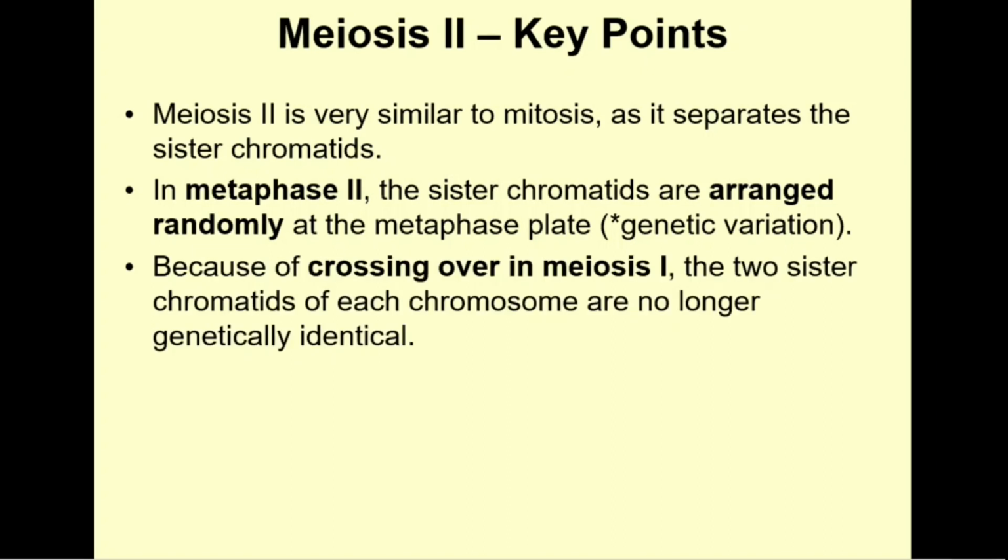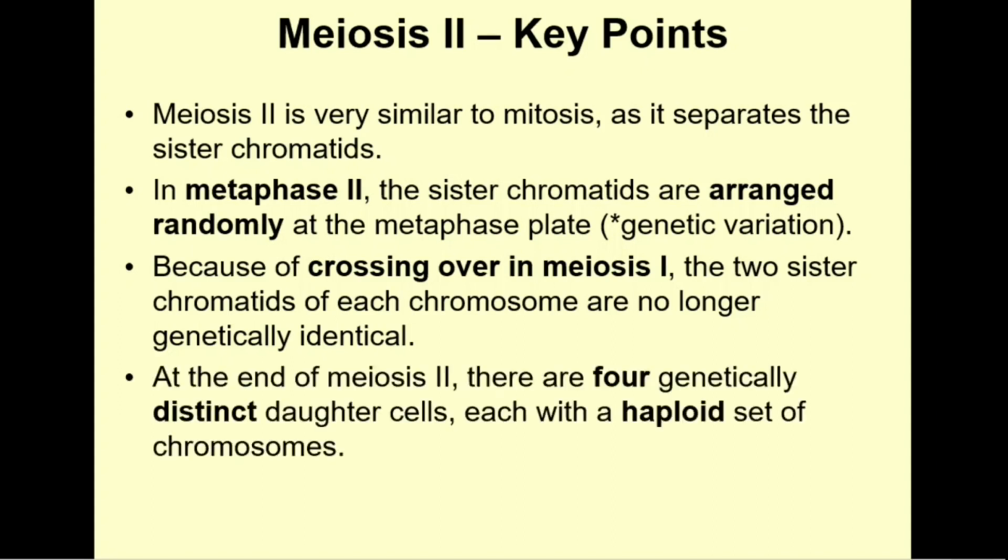Because of crossing over in Meiosis I during Prophase I, the two sister chromatids of each chromosome are no longer genetically identical. So depending on which daughter cell they move into, they're going to be able to influence that particular daughter cell. And then at the end of Meiosis II, we have 4 genetically distinct daughter cells, each with a haploid set of chromosomes.